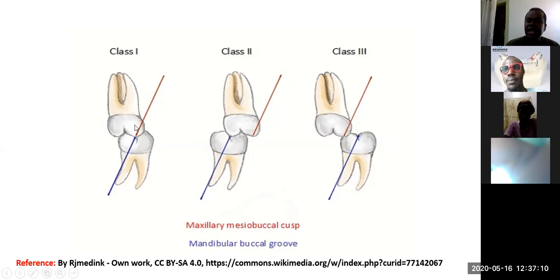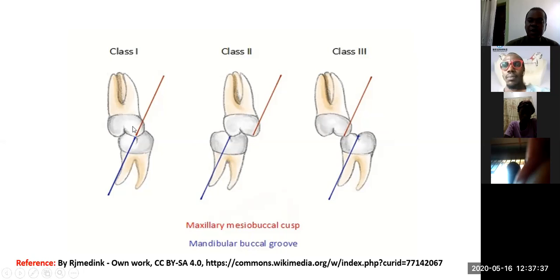In this case, the mesiobuccal cusp. If you can see my pointer, the mesiobuccal cusp is of the maxillary first molar. Sorry, when I say mesiobuccal cusp, I'm talking of the upper and lower, because Edward Angle takes the first molar of the upper as a reference point, just as the canine too.